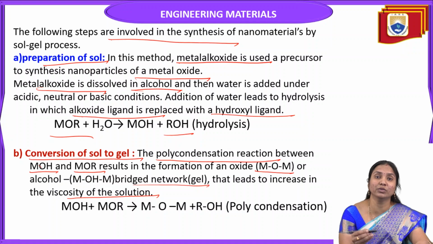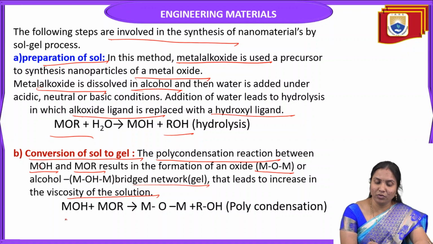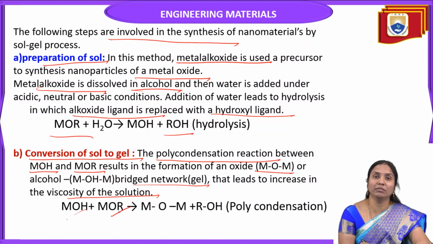When it converts to gel, the thickness, that means the viscosity, is increased. Metal alkoxide and metal hydroxide undergo polycondensation reaction, forming a gel via the M-O-M or M-OH-M bridge network.